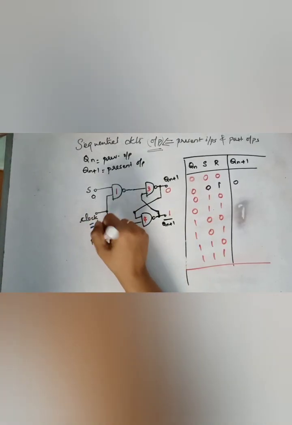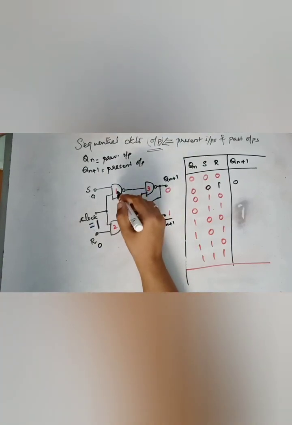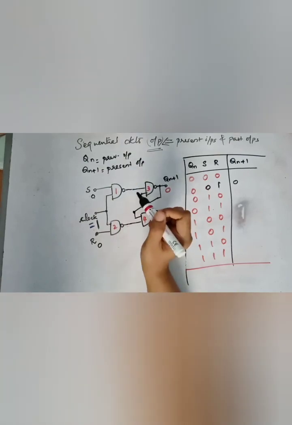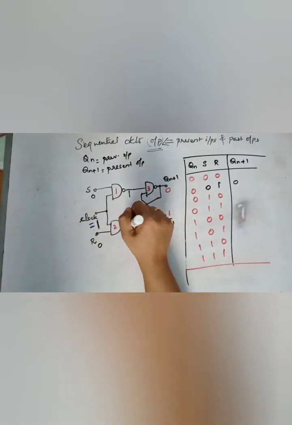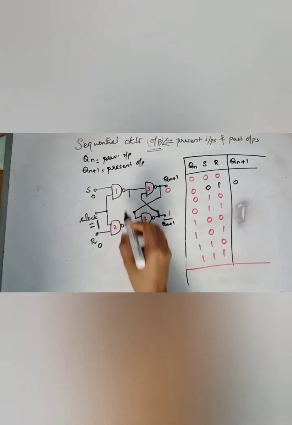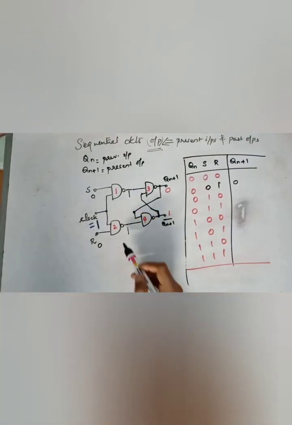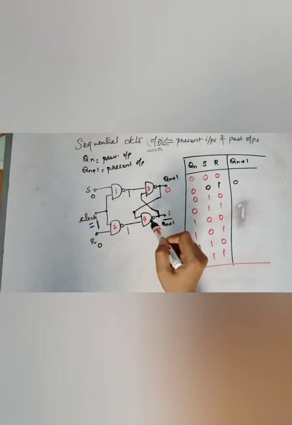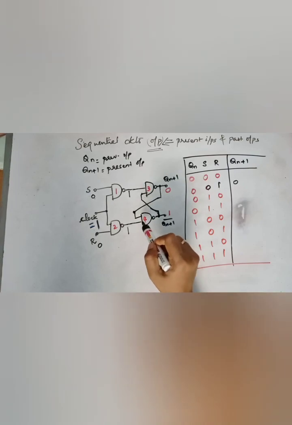So if it is 0, 0, both 1 and 2 will have one of the inputs as 0. So the output is 1 in these two cases. So when the output is 1 in these two cases, in the earlier case we had one of the inputs as 0. That is, the input to 4 was 0. So we could easily say that the output is 1.